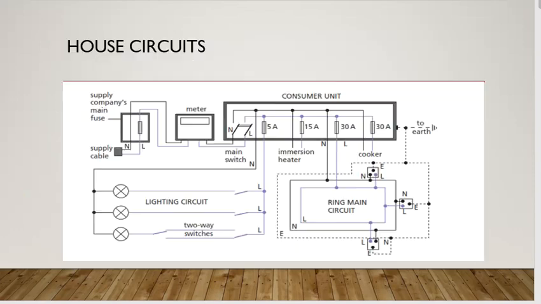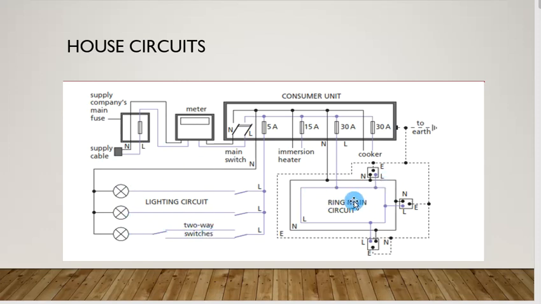Okay, so from the cooker circuit, I can simply say we have looked at the 3 types of circuits that are found in a standard house. So we have the ring main circuit, we have the cooker circuit, so it's just here where the cooker is connected, and this is found in the kitchen. Then we have the lighting circuit, which we sometimes call the overhead circuit because lights are usually up.